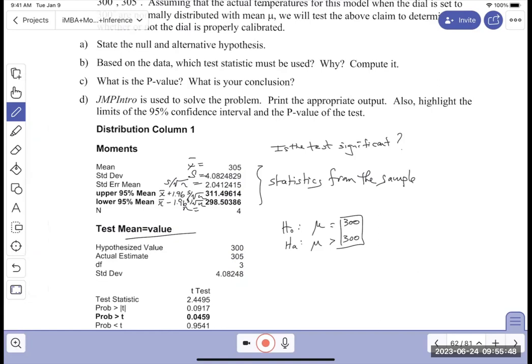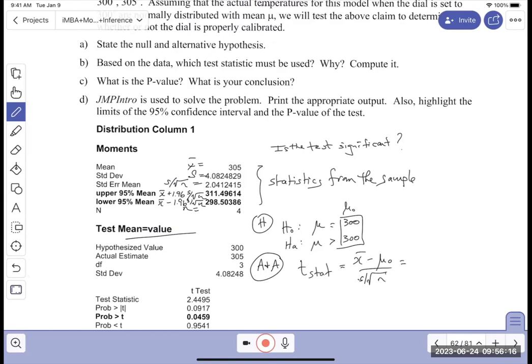So now let's conduct the test. I mean, the results are here, but let's do it on the side. So what's next? Assume and assess. So the T stat is X bar minus mu0 divided by S over root N. We have all these numbers.